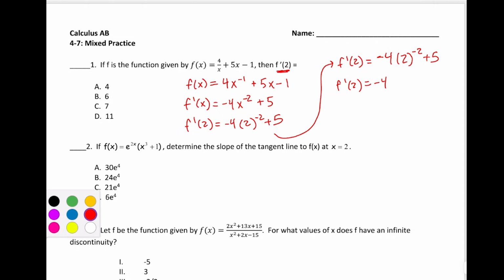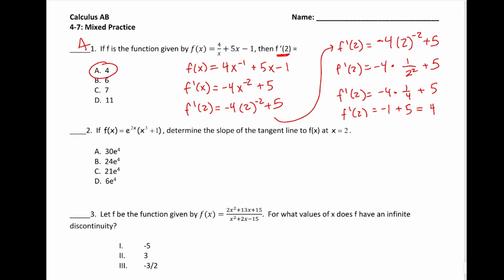So this would be negative 4 times 1 over 2 squared plus 5. So negative 4 times 1 over 4 would be negative 1. Plus 5 would be 4. So our answer is A.